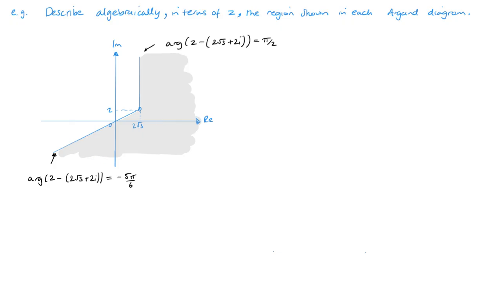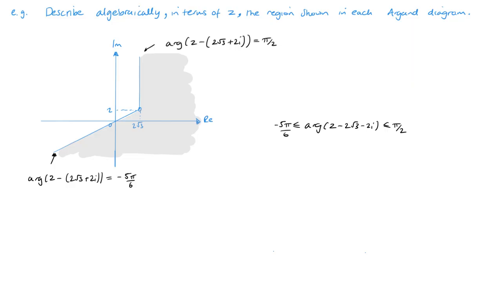So this time it's going to be between, so we go arg(z − 2√3 − 2i) is greater than or equal to −5π/6 and less than or equal to π/2. So we swap these around because we're going in this direction. Okay, so there we are, nice and easy for that one.